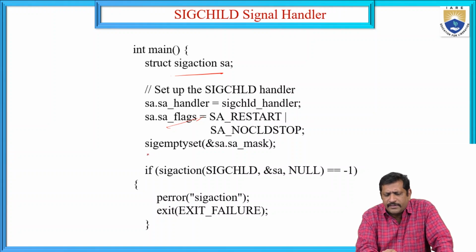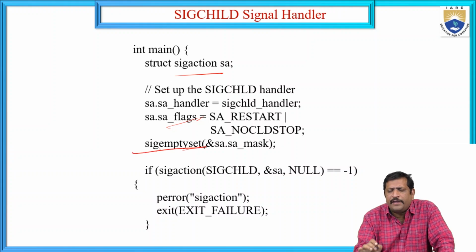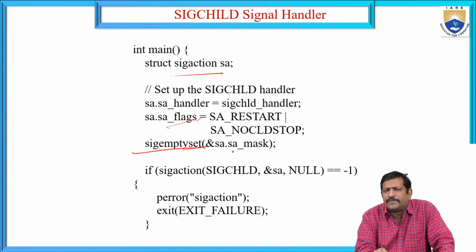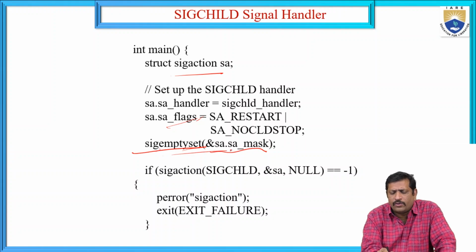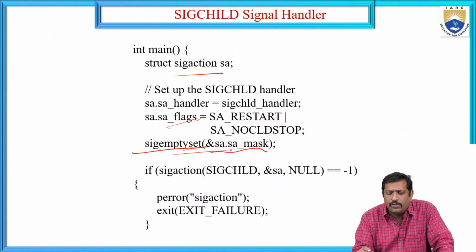Here the signal is an empty set. Now we are addressing the signal action, sa.sa_mask. You just have to address the signal actions.